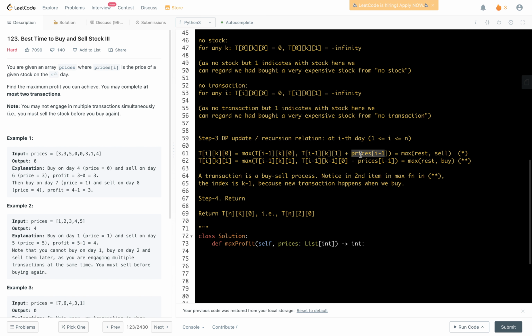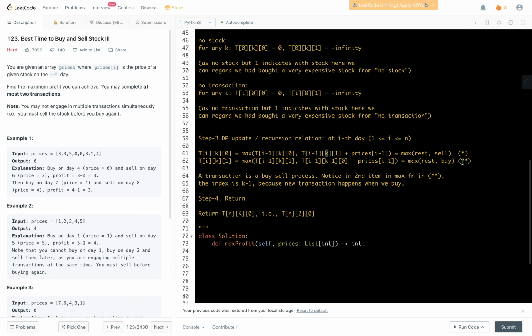The profit is given by prices[I-1]. Here T[i-1][k][1] means that we have stock at day I-1, and because selling stock does not initialize a new transaction, the allowed transaction number is still K. So at a high level, this is the max of rest or sell. Rest and sell are the possible actions at day I.